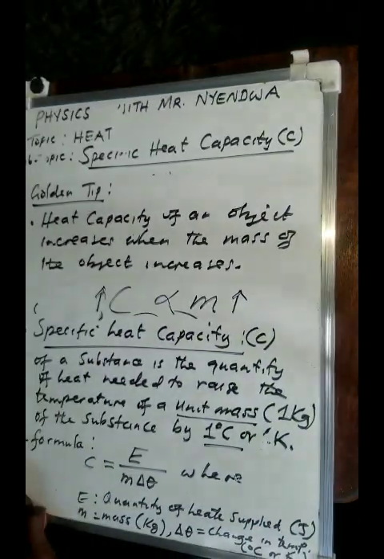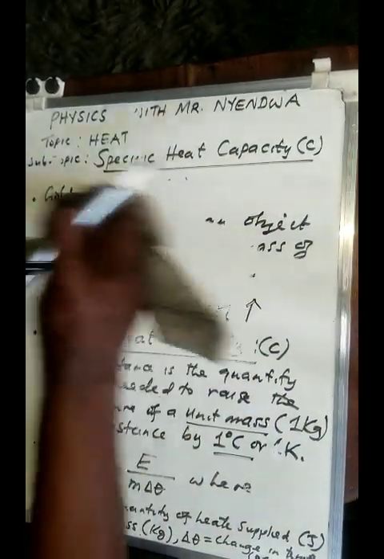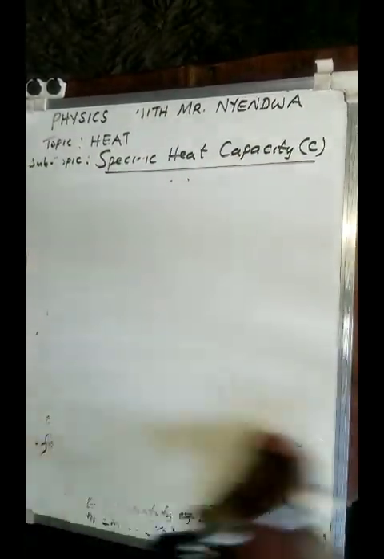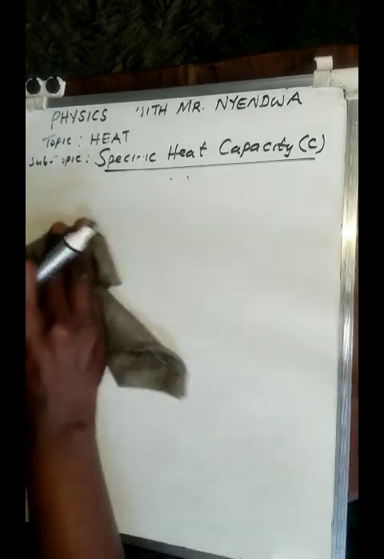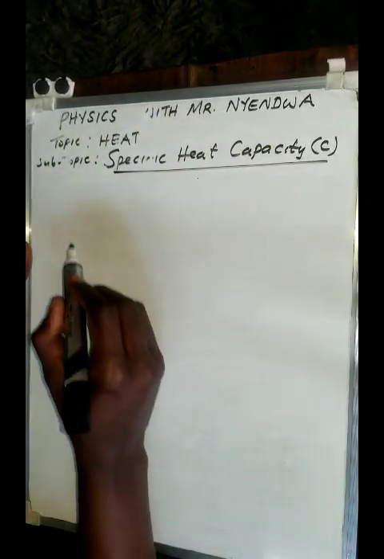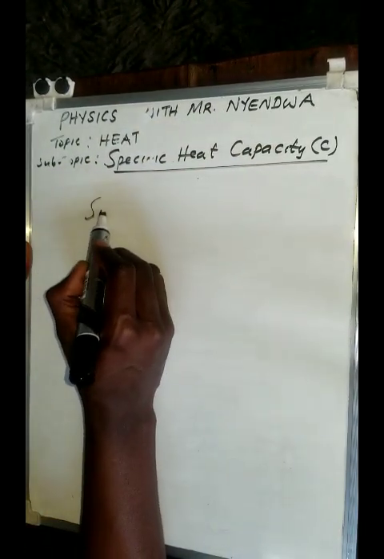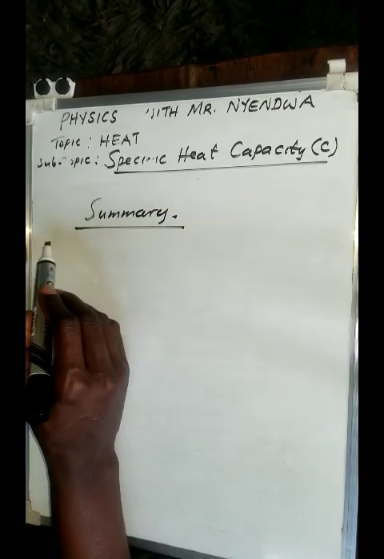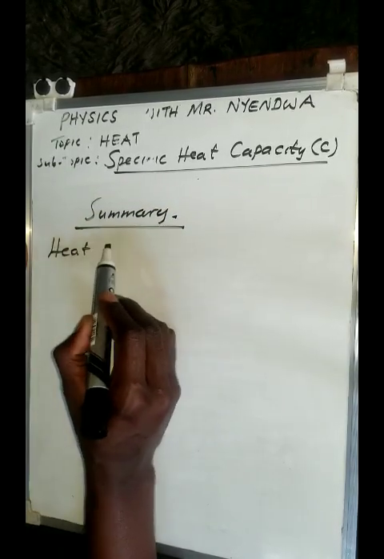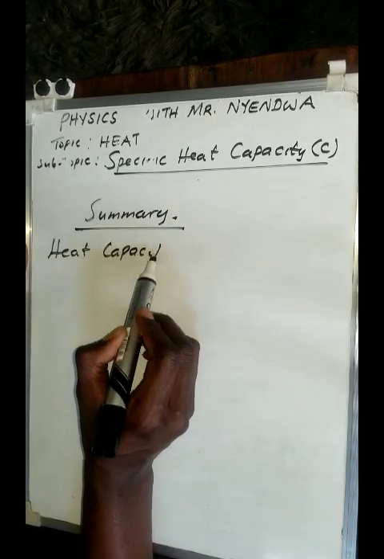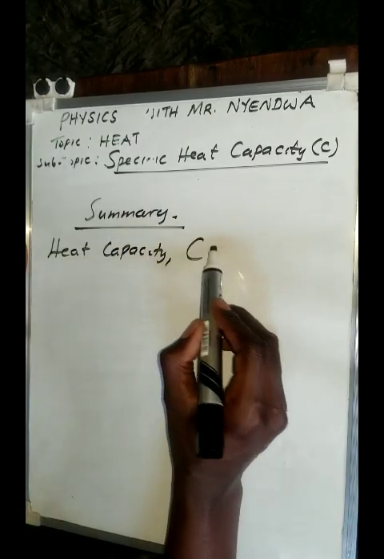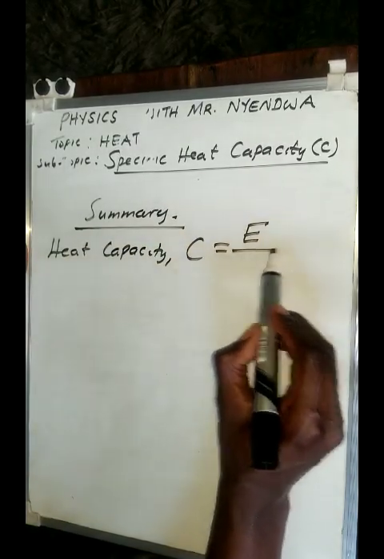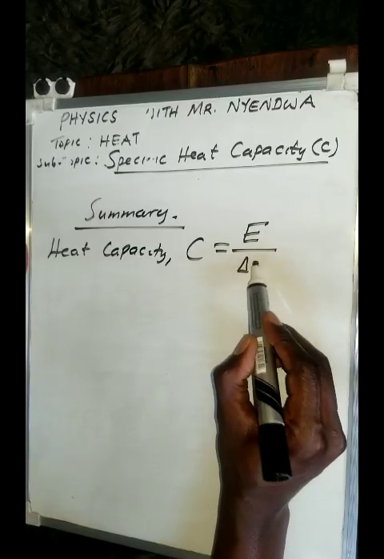Now, in summary, I don't want you to confuse heat capacity and what we are calling specific heat capacity. Remember, let me just try to summarize for you. When I talk about heat capacity, capital C, it is simply the energy divided by the change in temperature.